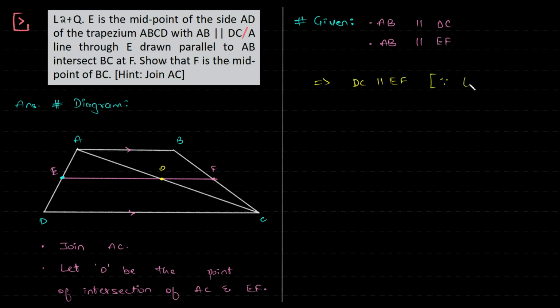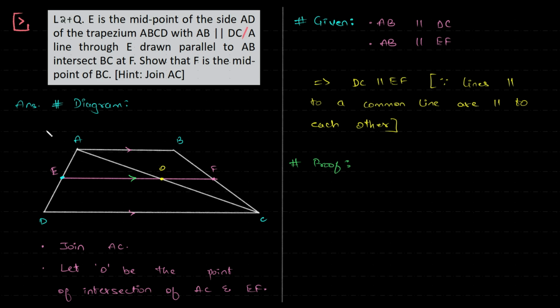Reason being, lines parallel to a common line are parallel to each other. So we basically prove that all these three lines are parallel to each other. With this in our understanding, now we can write the proof.